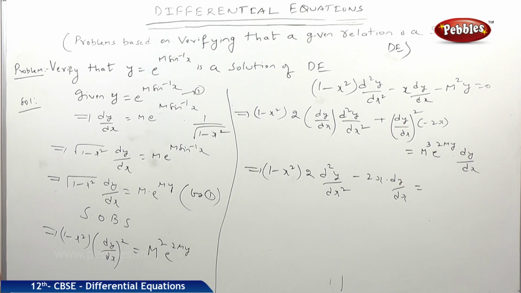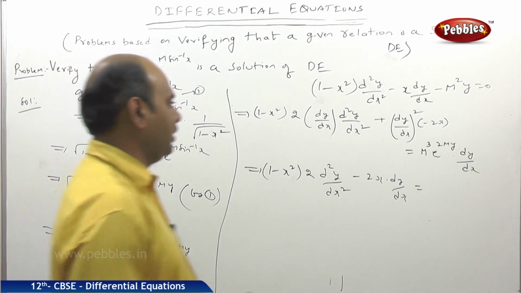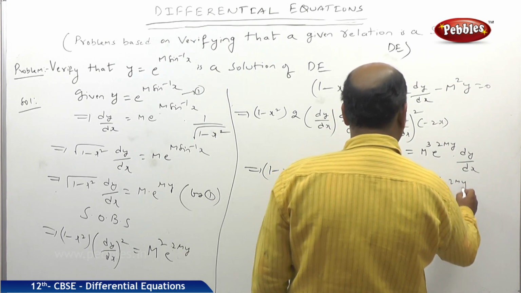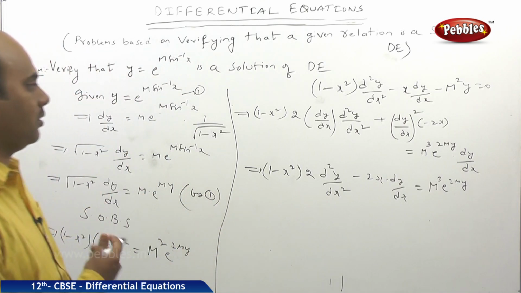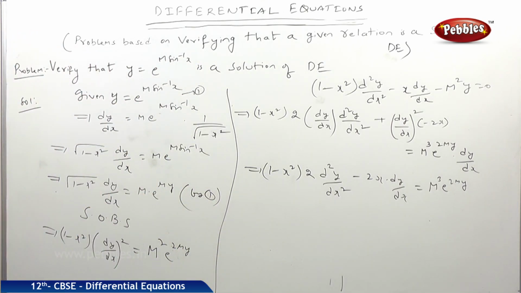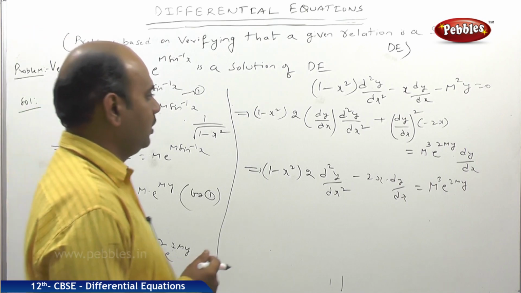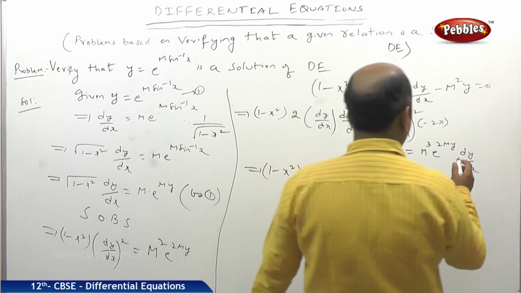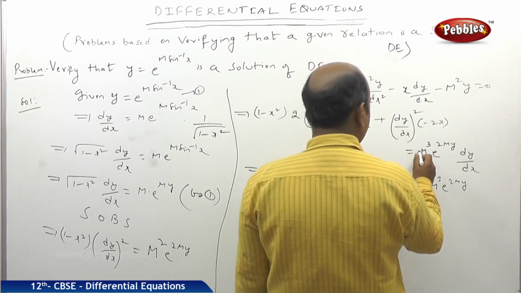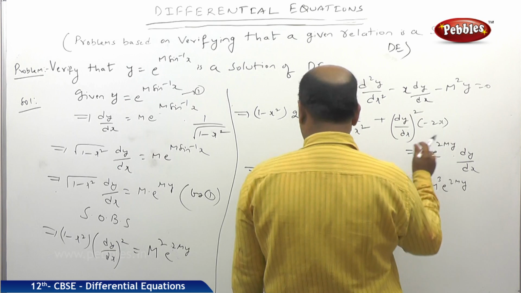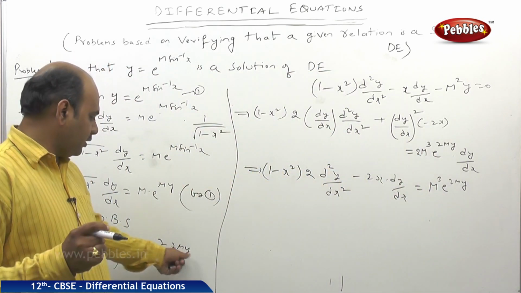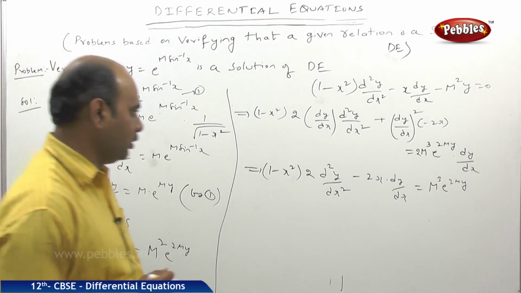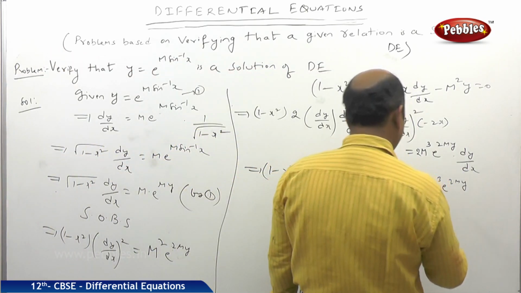But that looks odd, I feel. So what I'll be doing here is there remains m cube into e power 2my, because all dy by dx will get cancelled. If you observe carefully, e power 2my, again here I missed 1 2. So here I need to write 2, because m square e power 2my means 2m will be coming outside. So it becomes 2m cube into e power 2my. So here 2 will be there.